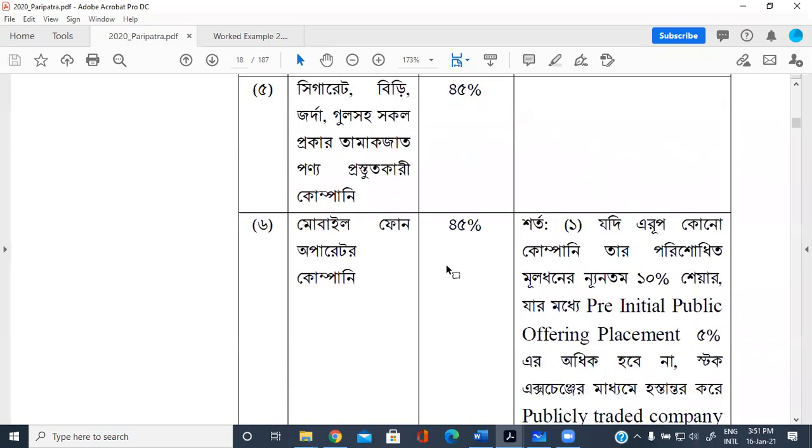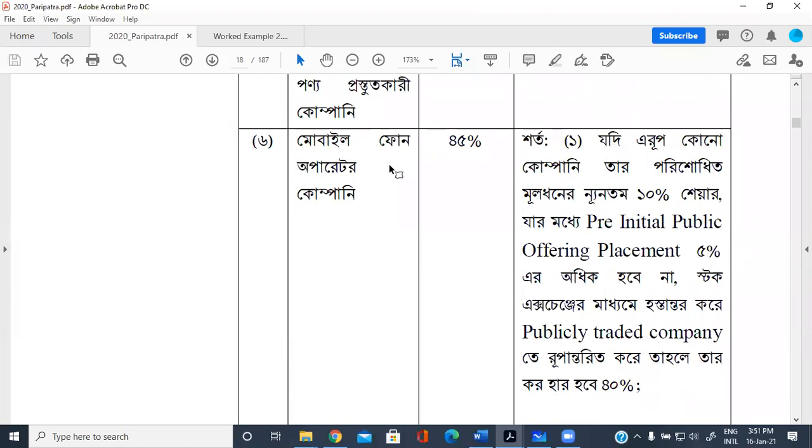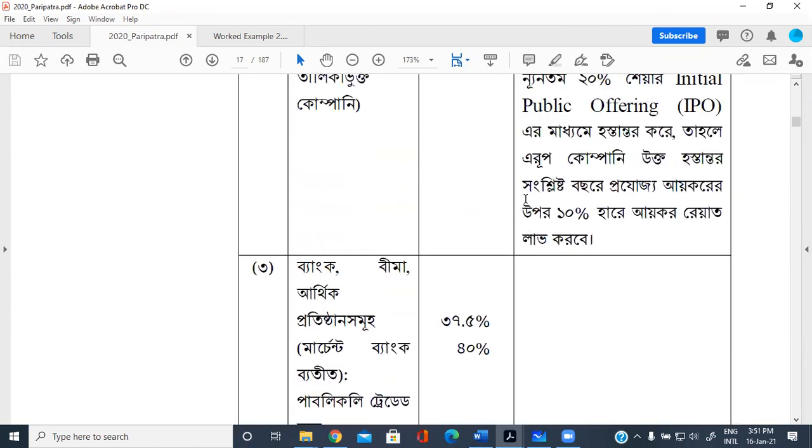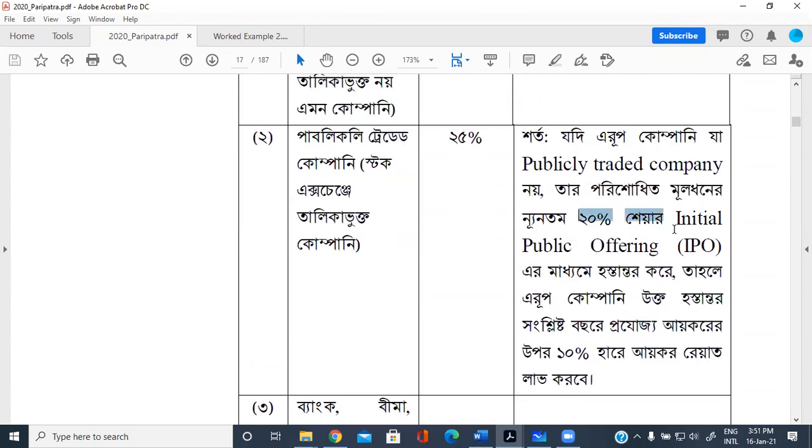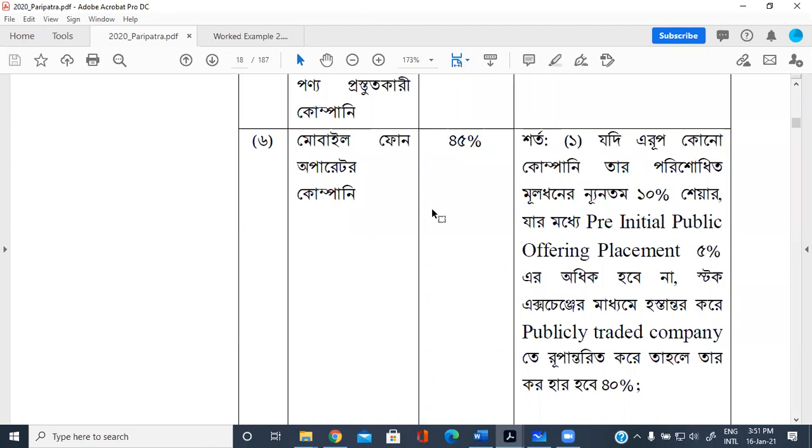But in case of wireless telecommunication company, if they issue at least 10%, you see this is different from this 20%. Yes, sir. In case of mobile telecommunication companies, as these companies have a very high capital base, you see Robi is now the number one company in terms of paid up capital.